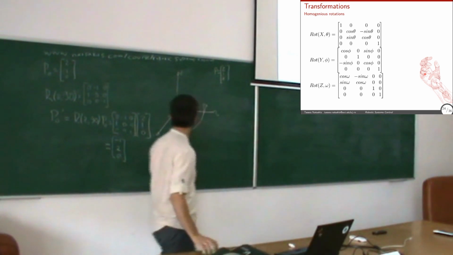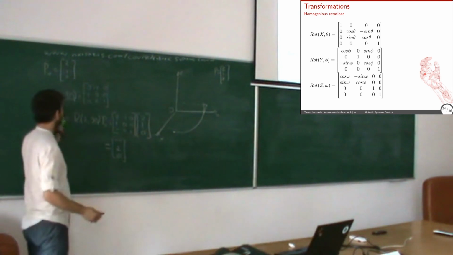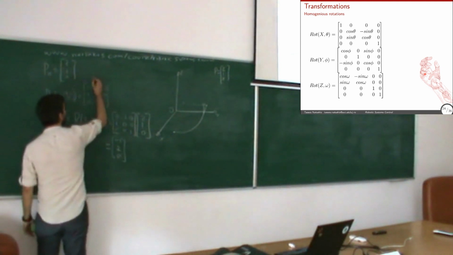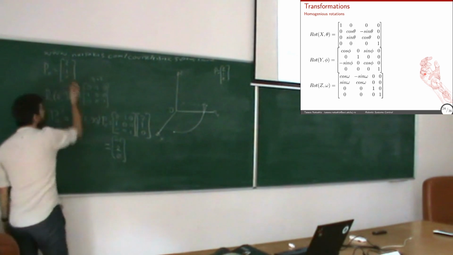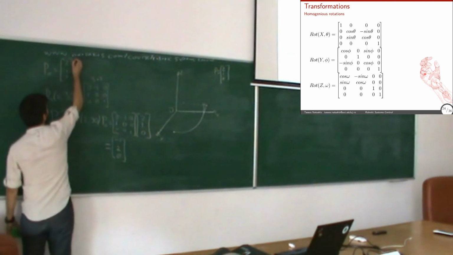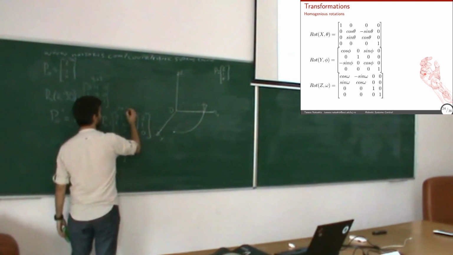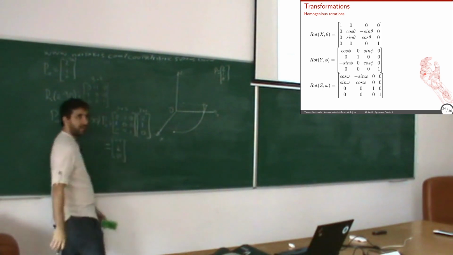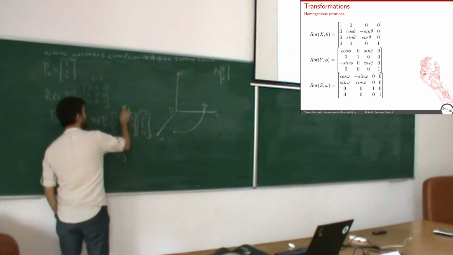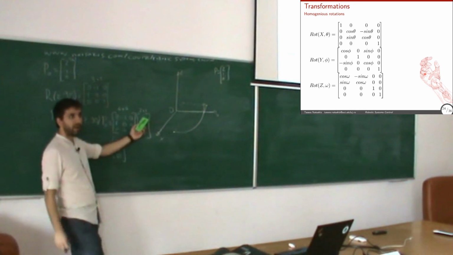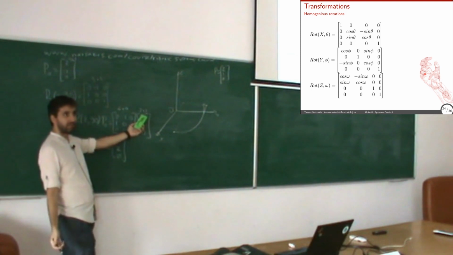Now, what problem do we have here? Here we had the rotation as a 3 by 3 matrix, and the point was a 3 by 1 matrix or vector, or however you want to call it. And I could do this multiplication, right? But if this one becomes 4 by 4, how can I multiply a point?